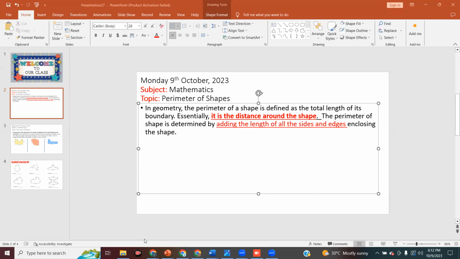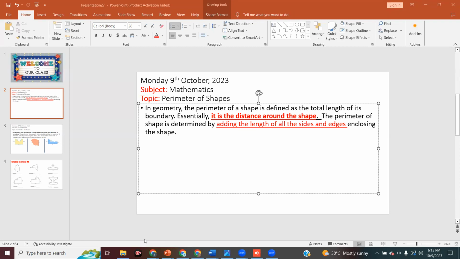Namaya, what is the perimeter of an object? Perimeter is the shape determined by adding the length of all the sides and edges. That's how we find the perimeter. But what is the perimeter?